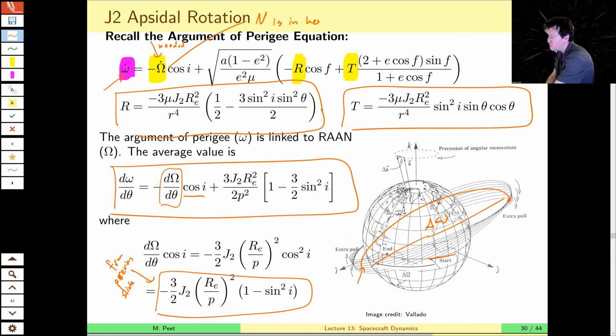Here we've replaced r with the polar equation. And we do some complex calculations, which I won't go through, and we get something relatively simple. It has two major terms. One doesn't depend on inclination, and one does.